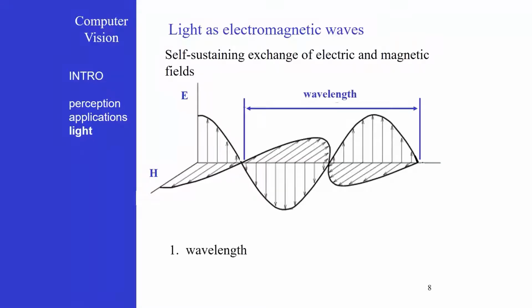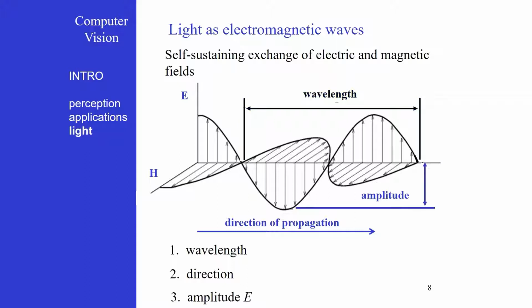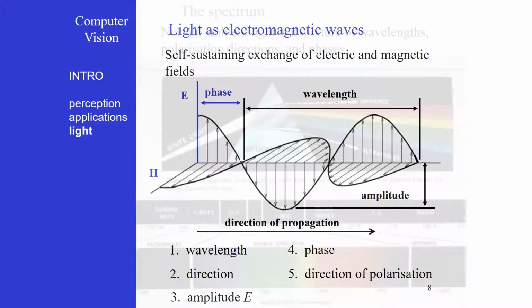So we have the wavelength, determining the color that we will see, as we have just seen in the movie. Secondly, the direction of propagation, orthogonal to the plane formed by E and H, the electric and magnetic field vectors. Then we have the amplitude, related to the perception quality brightness. And then we have phase, and we have direction of polarization, to which humans are blind.